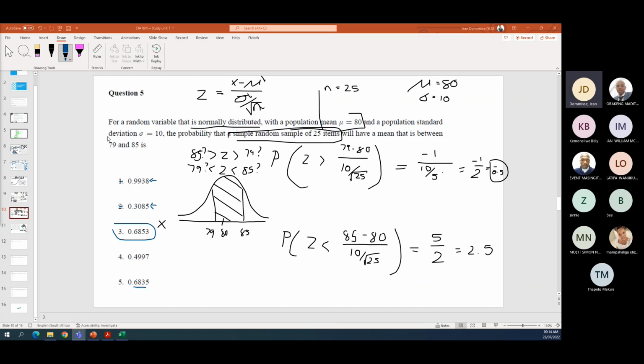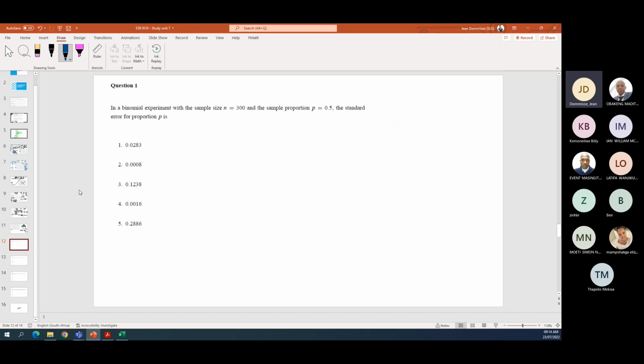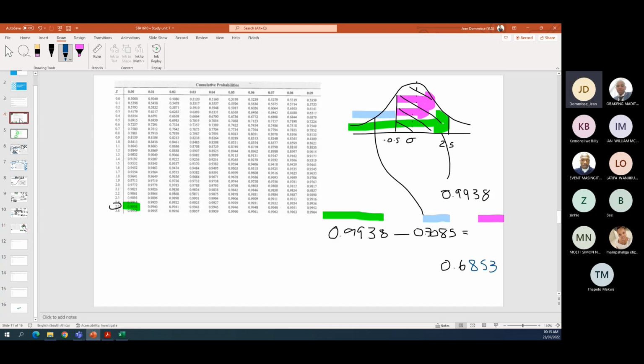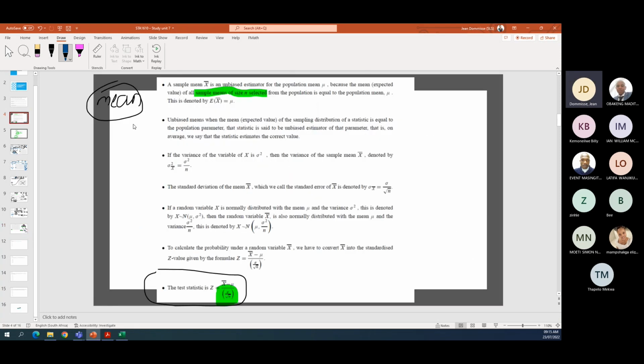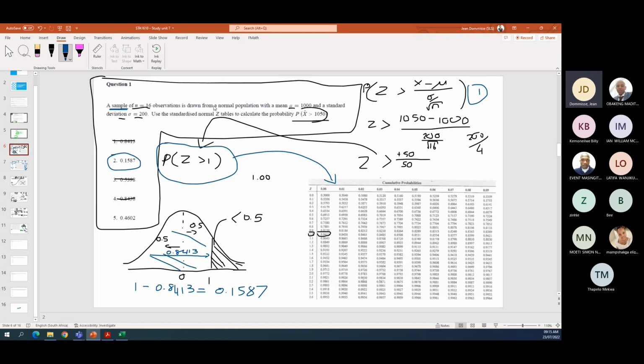Okay, cool. Okay, so let's go to the next one. So what you now see is, in the first part of study unit 7, when we talked about the mean, the words that came up the whole time are: we draw a normal population with mean.